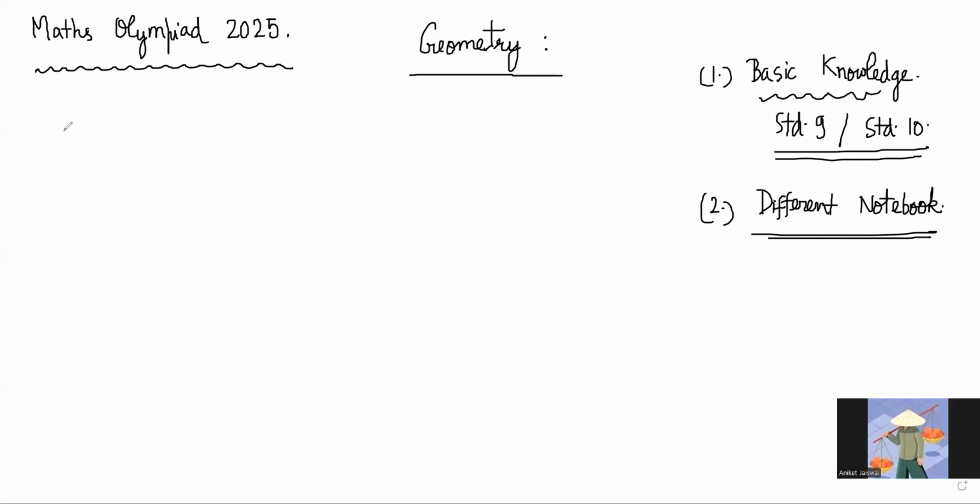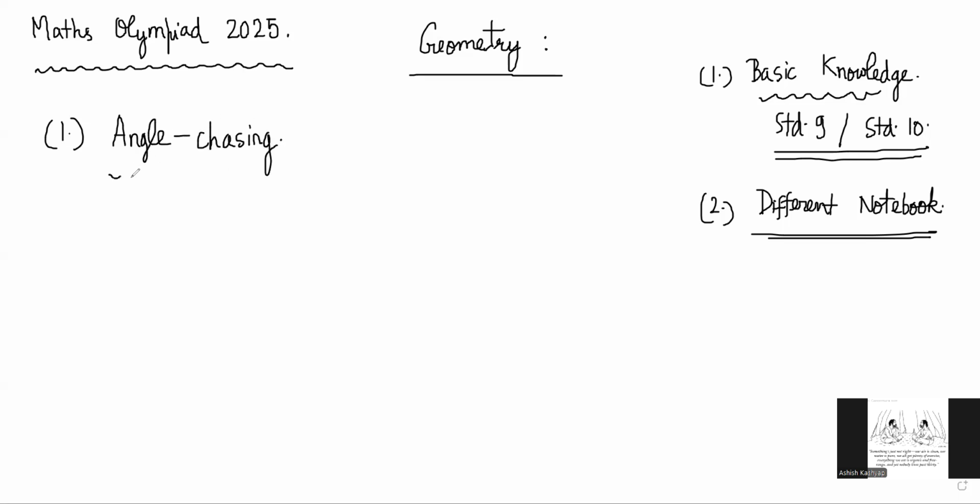Okay, sir. Then the first thing that we'll start off with is angle chasing. So the idea here is we will be trying to find different angles in various geometric figures, and we are going to learn how to apply angle chasing and figure out geometric problems and solve them.